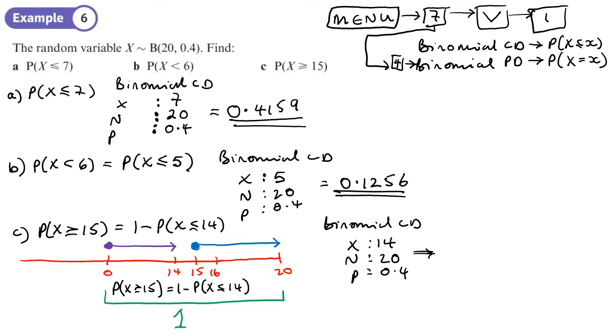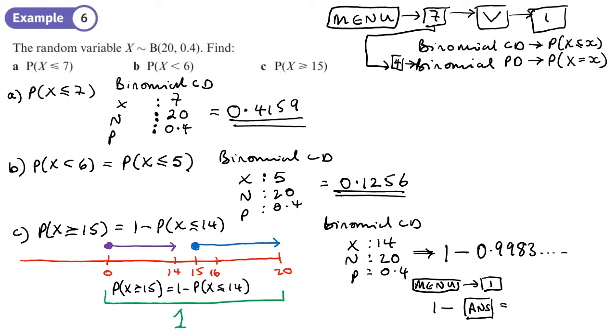And the calculation is going to be 1 minus this 0.9983... Now what I would do is press menu and go to number 1, change it back to a calculator. So menu and 1, and now do 1 minus answer.